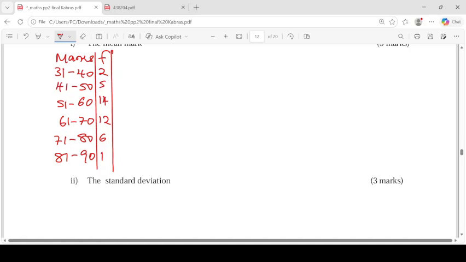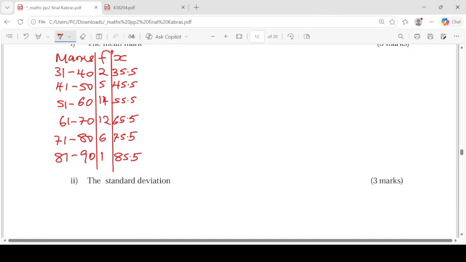So this is 35.5, 45.5, 55.5, 65.5, 75.5, 85.5. We have our midpoints.